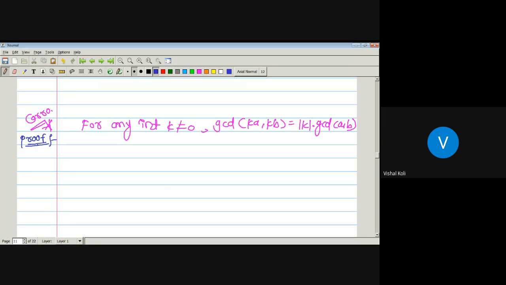Now, as k is non-zero, there are two possibilities for k: either k is greater than 0 or k is less than 0.